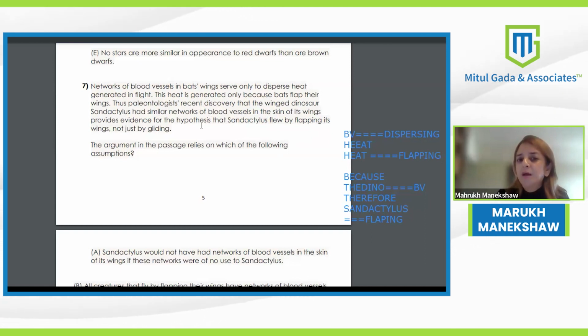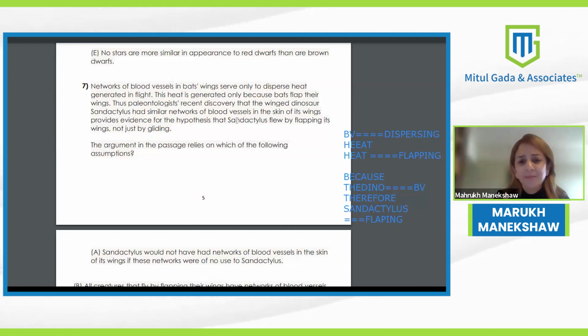Okay. But if these blood vessels were serving some other purpose in this dinosaur, not the same as in bats, then my argument is weakened, which means the assumption is that what is true for blood vessels and their purpose among bats is true even for dinos. Okay.